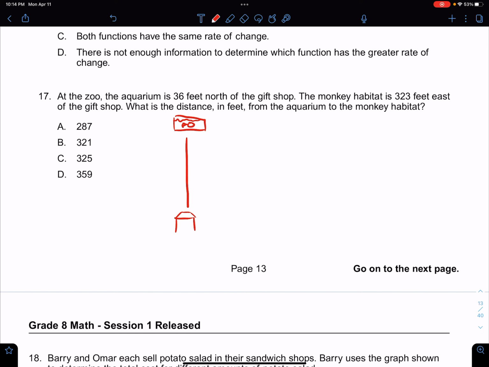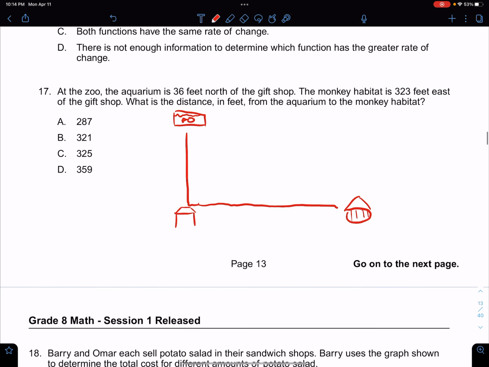Here's my monkey habitat. I'm going to draw this line right here. So it's 36 feet north and 323 feet east.